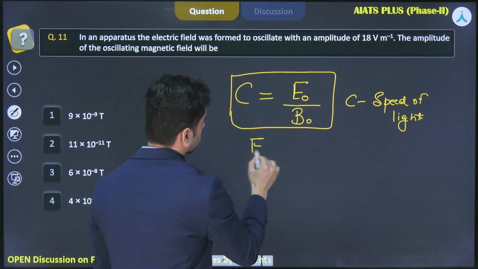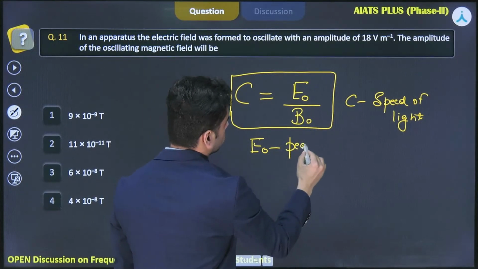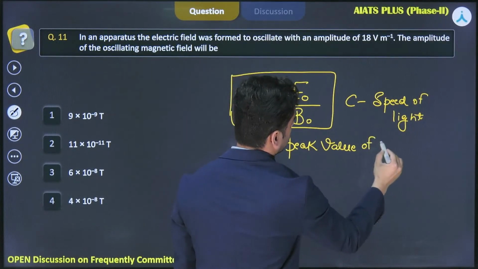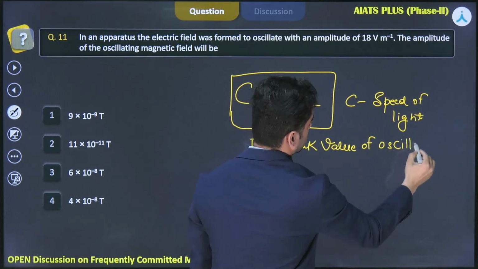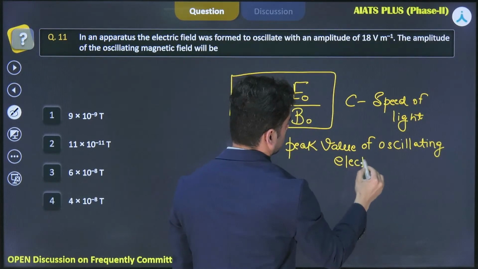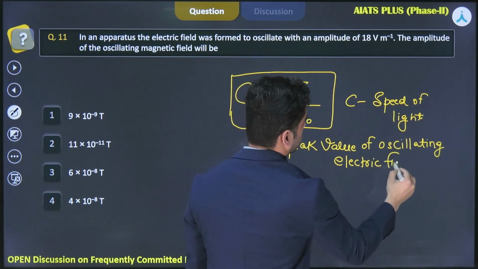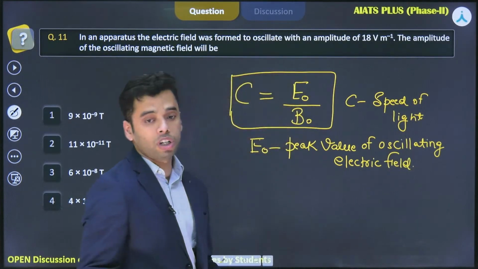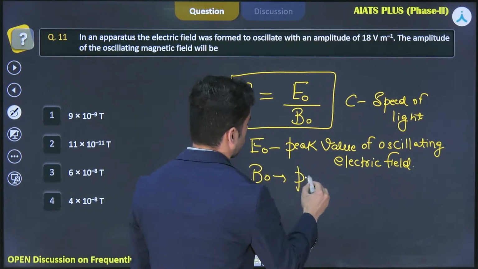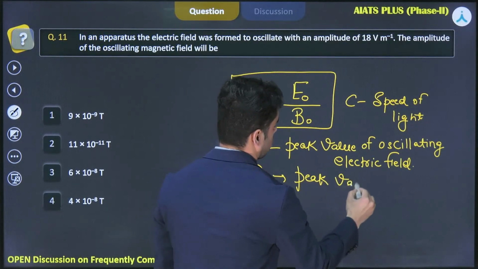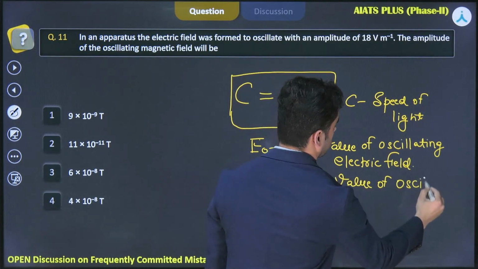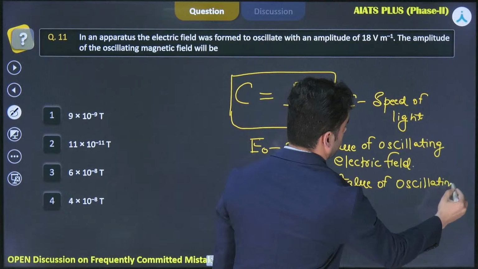E naught is the peak value of the oscillating electric field, and with similar logic, B naught is the peak value of the oscillating magnetic field.